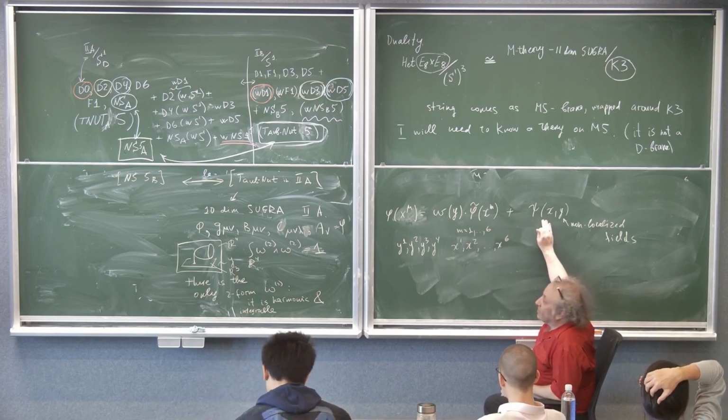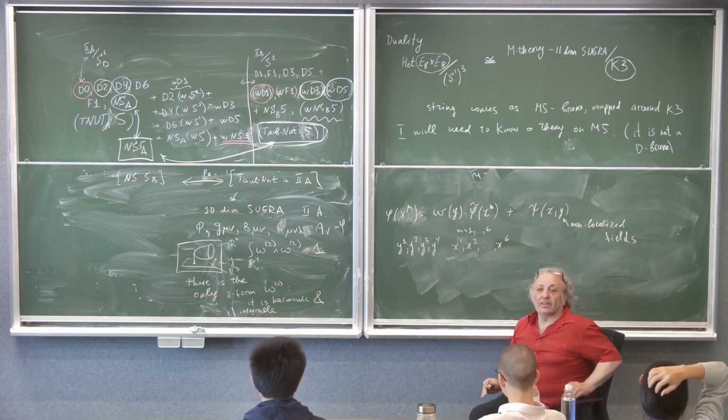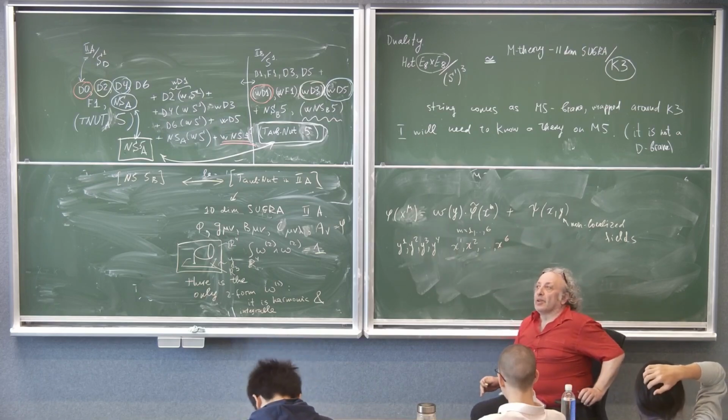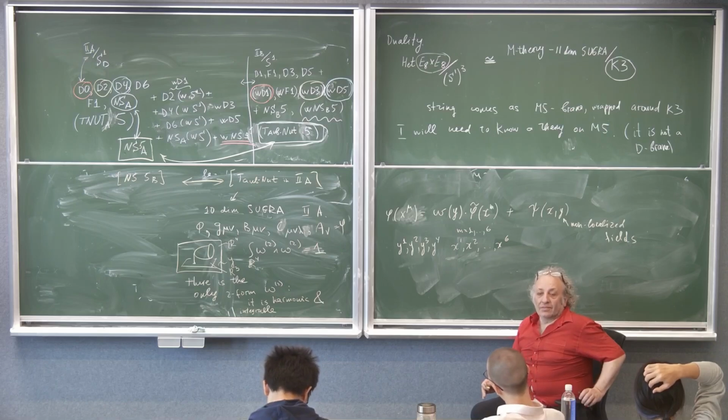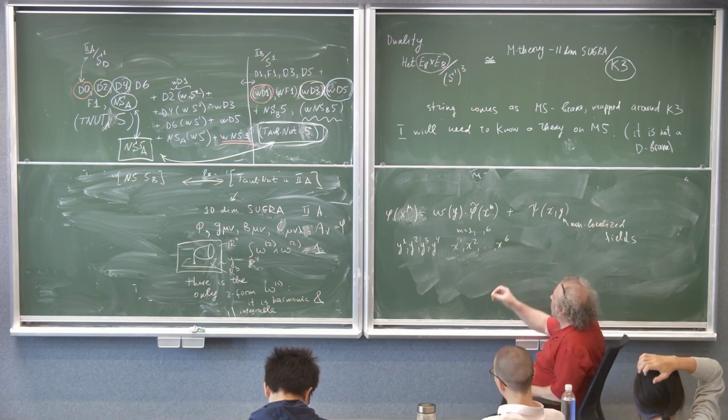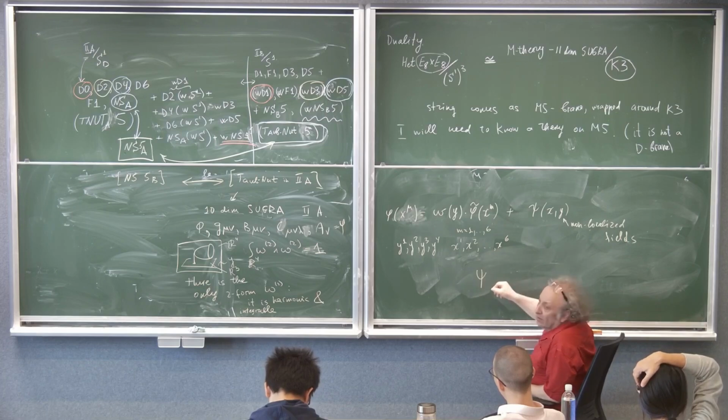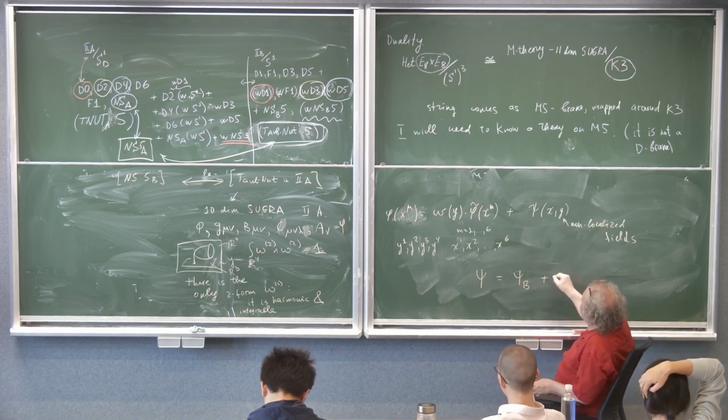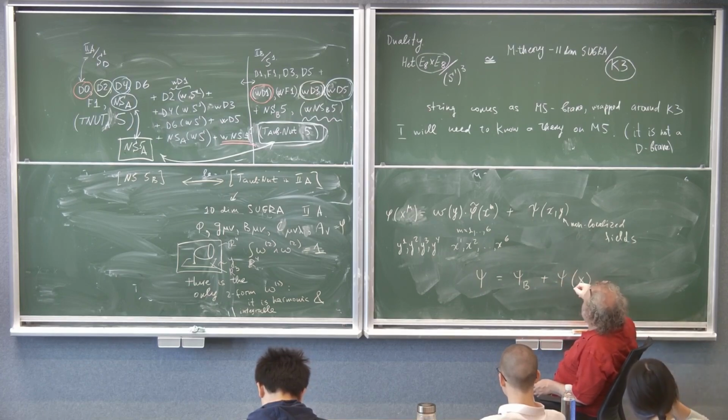So in some sense, this omega is like a bound state in quantum mechanics. In quantum mechanics, you say psi is psi bound state times psi of x.